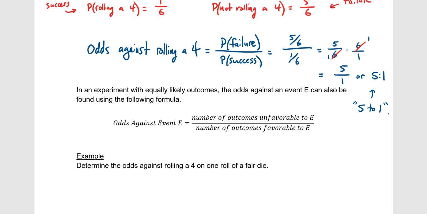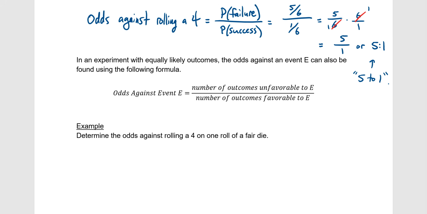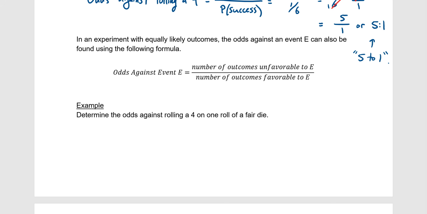There's actually a shortcut that we could have done for this. In an experiment with equally likely outcomes, the odds against an event can also be found using this formula.